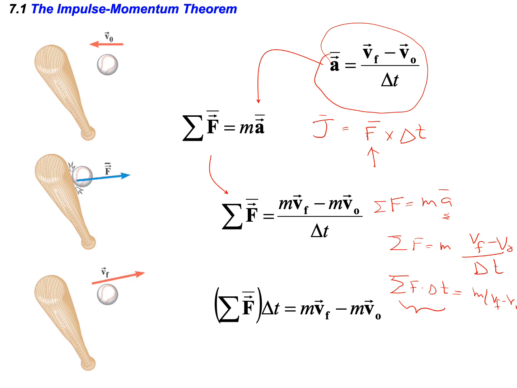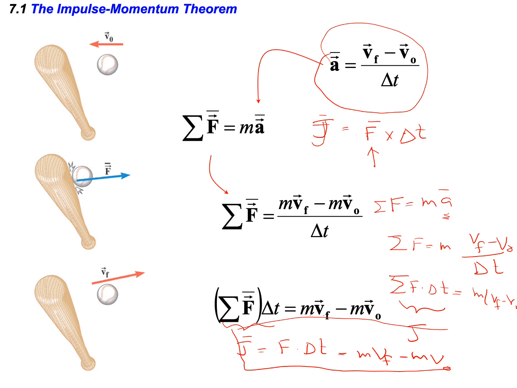So we know F delta t is impulse, and we have another equation for it: m v final, mass times final velocity, minus mass times initial velocity. So we have two equations for impulse.